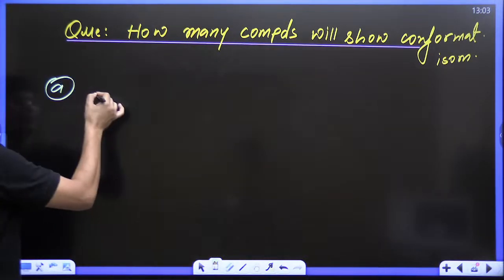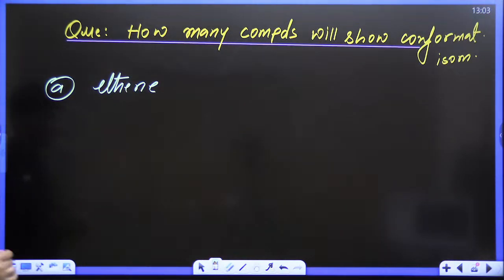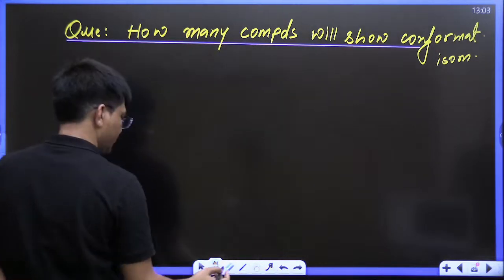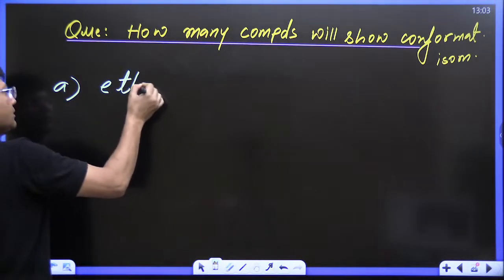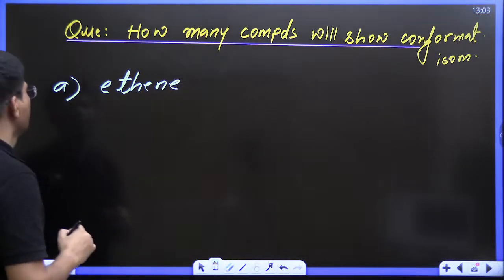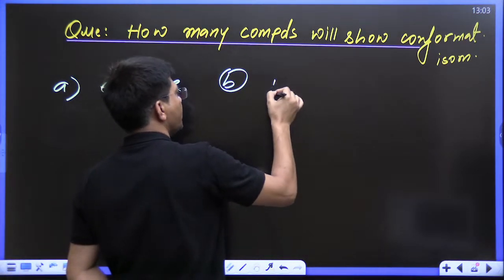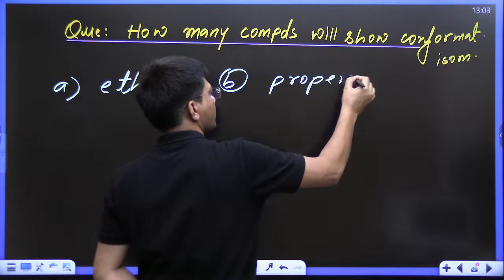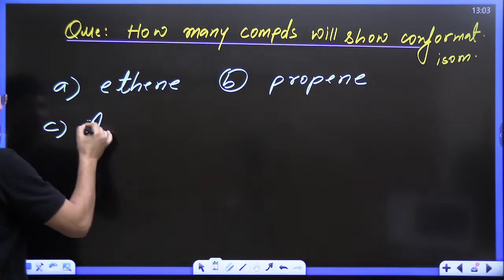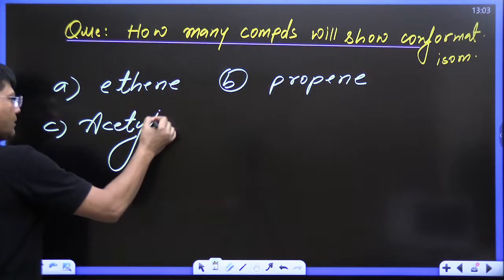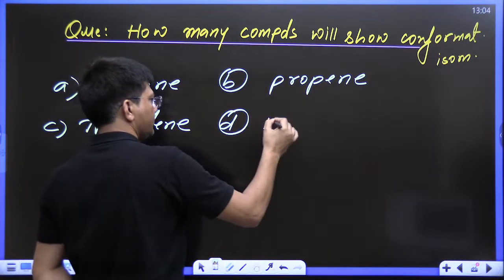A. Ethene. B. Propene. C. Acetylene. D. Benzene. E. Toluene.